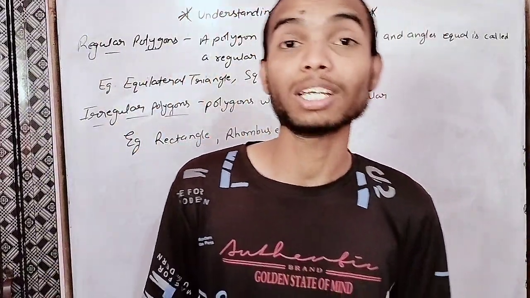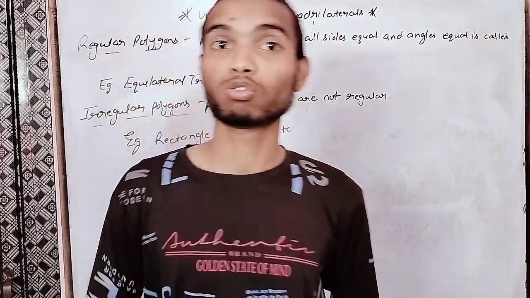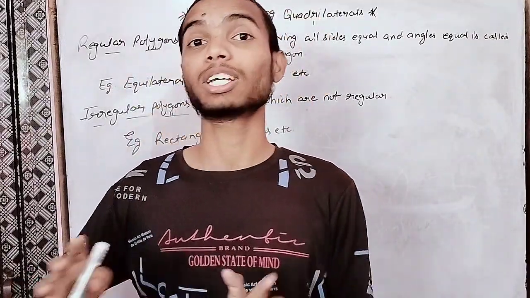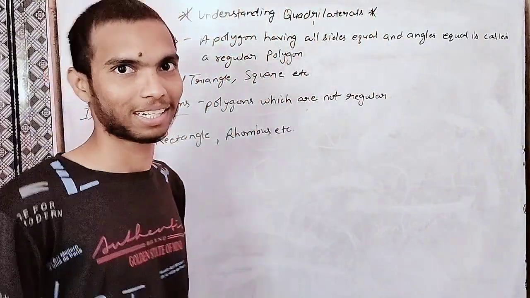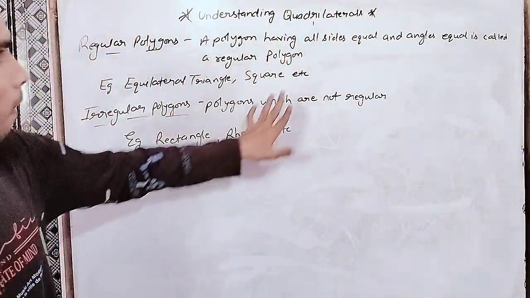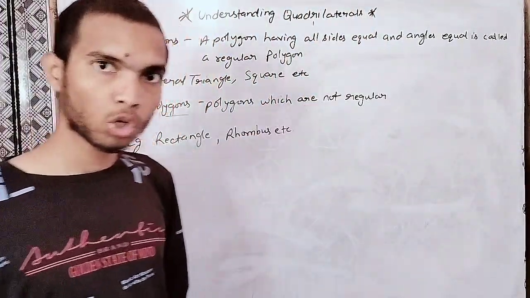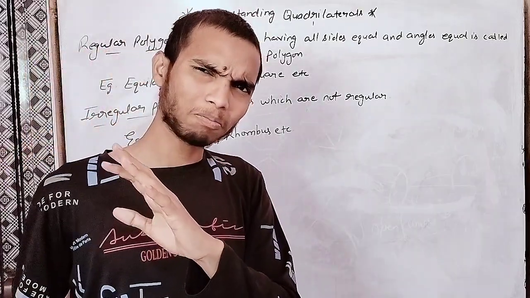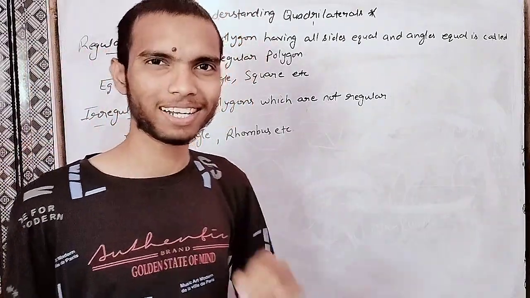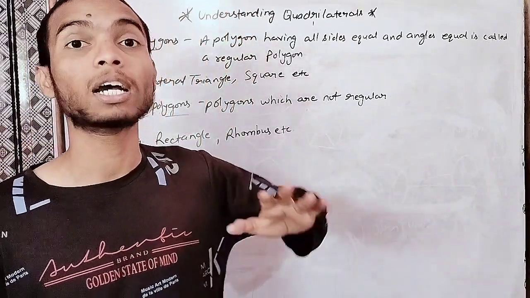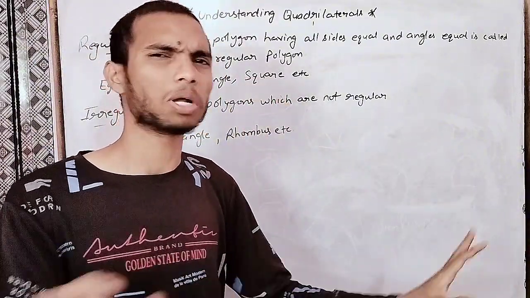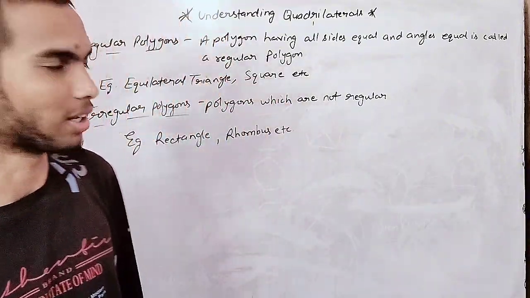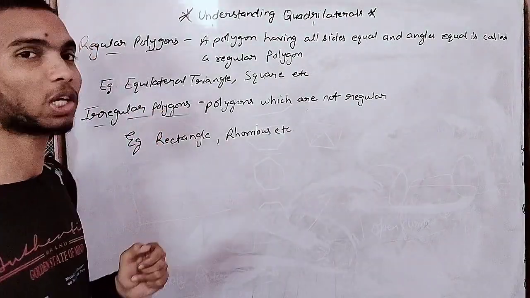So the measure of each of the four angles is how much? 45 degrees. Till here you understood? It is a very simple sentence. It is saying that all sides and all angles being equal is known as a regular polygon. For example, an equilateral triangle.